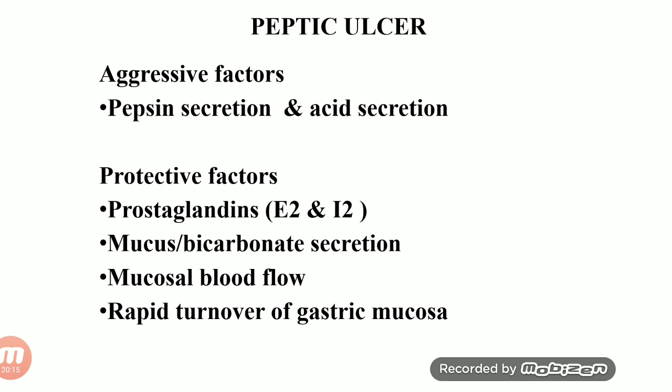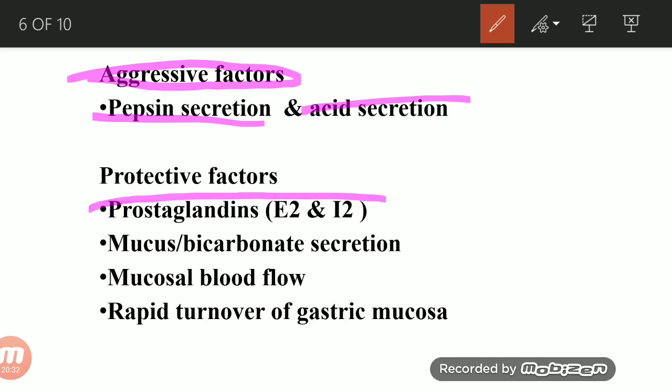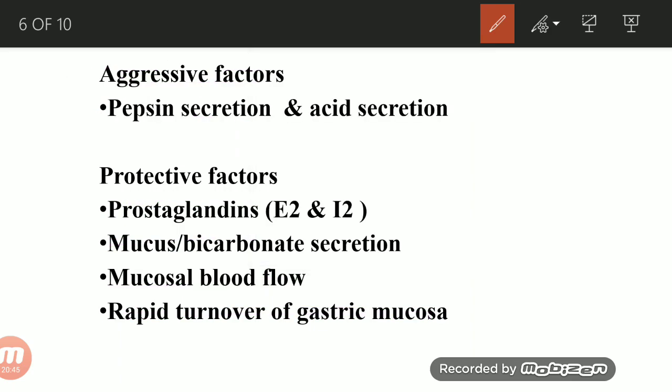Aggressive factors are those factors which cause damage to your mucosa, such as pepsin and acid secretion, whereas protective factors such as prostaglandin E2 and I2, mucus and bicarbonate secretion, mucosal blood flow, and rapid turnover of your gastric mucosa will protect your mucosal layer from getting damaged.